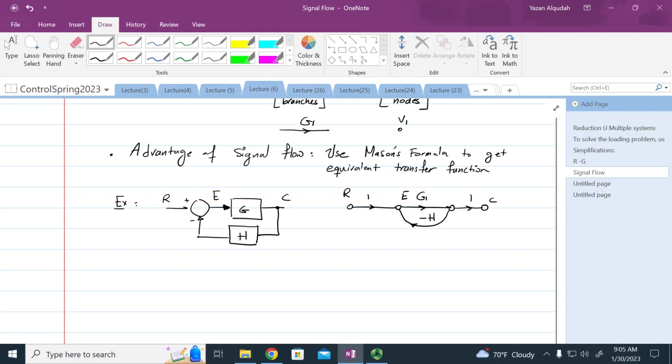But after this node, this node is going to equal R minus H multiplied by C. And this E corresponds to the value here. Is that clear, everybody? Yes or no?